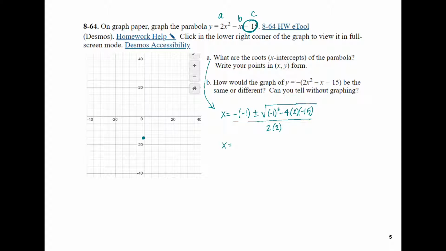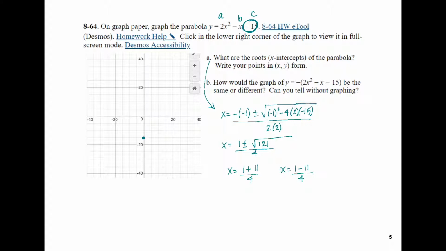So when we simplify this out, we get 1 plus or minus the square root of 121, when I combined everything underneath my radical, all over 4. So I get x is equal to 1 plus the square root of 121, which is 11, over 4, or x is equal to 1 minus the square root of 121, which is 11, over 4.